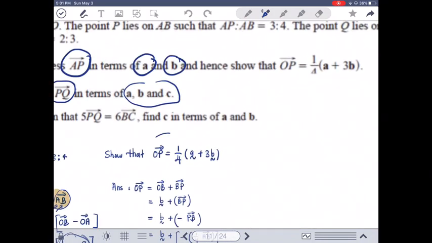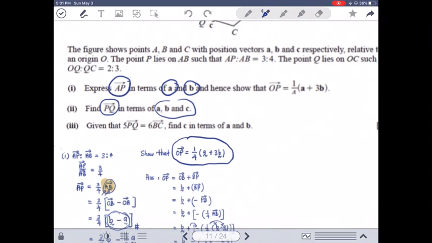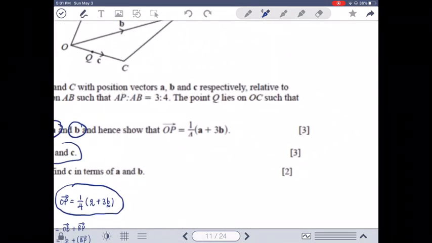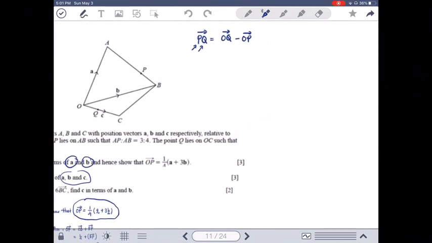Yes, we have OP. It's given that OP is 1 over 4 times A plus 3B. Okay. The problem is now OQ.